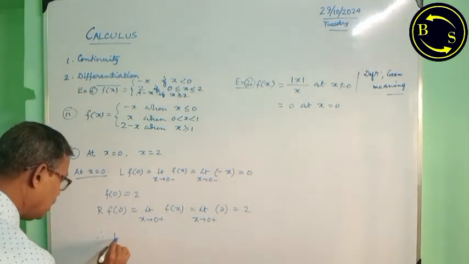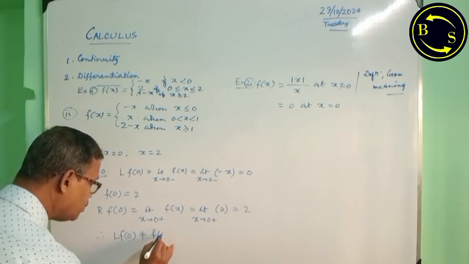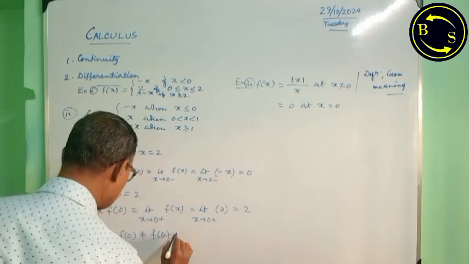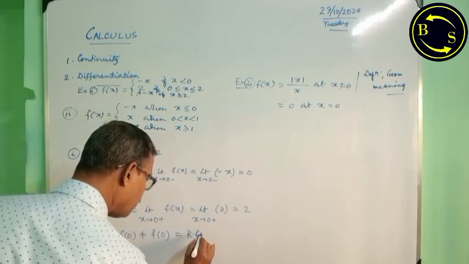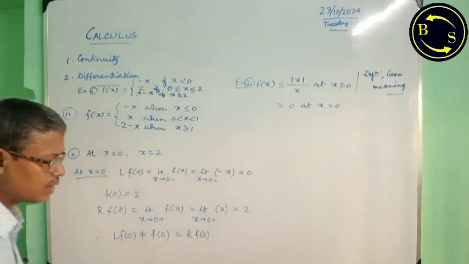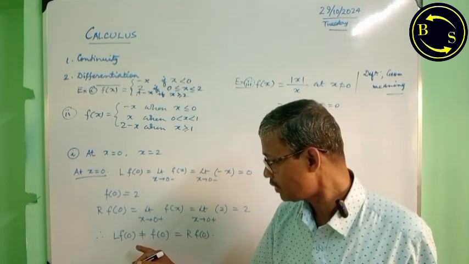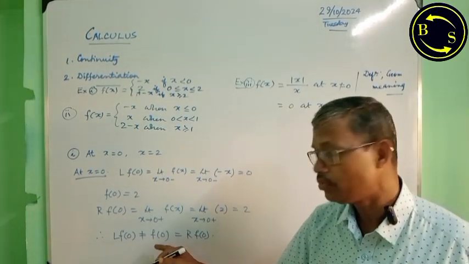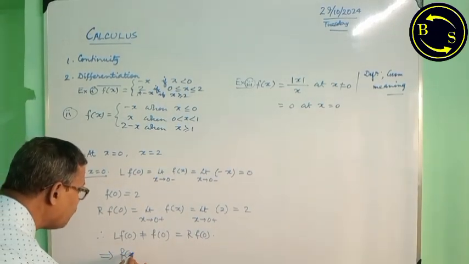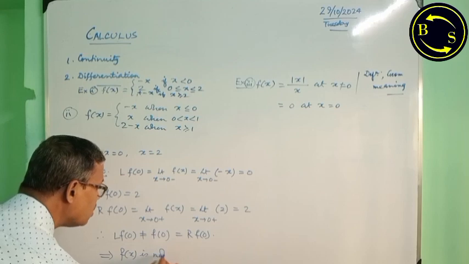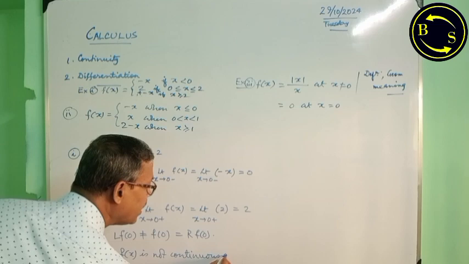Therefore, we find LF(0) is not equal to f(0), and though f(0) is equal to RF(0), the condition is not fulfilled. Actually, for continuity at the point x equal to 0, we must have LF(0) equal to RF(0) equal to f(0). Hence, we conclude f(x) is not continuous at x equal to 0.